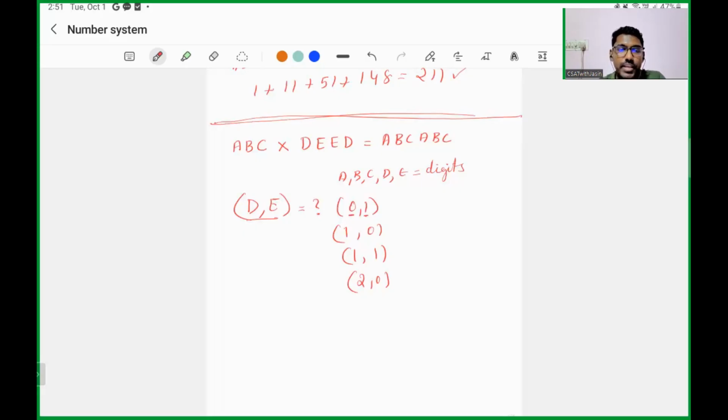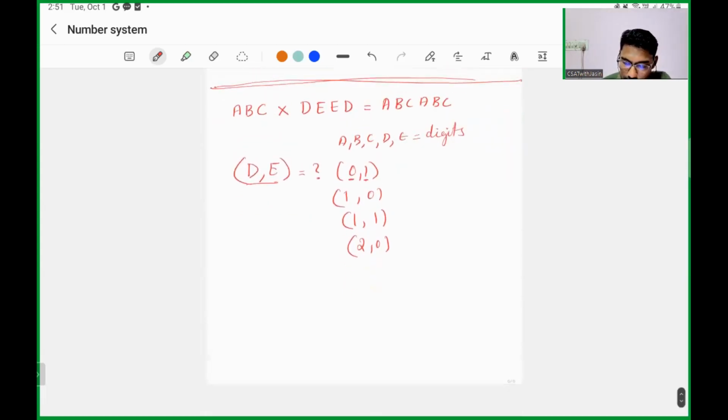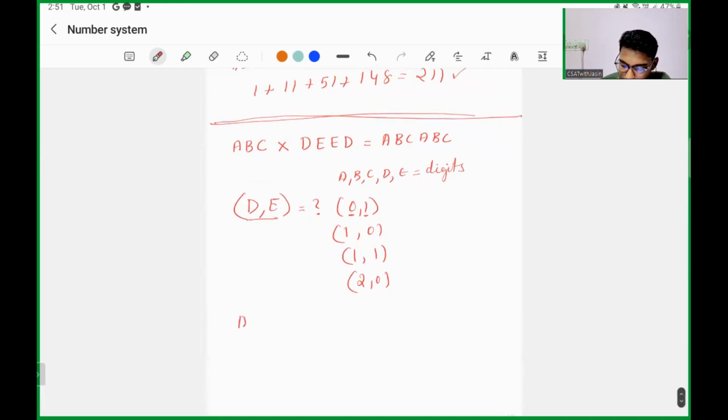When you see multiplication questions, UPSC is asking multiplication questions a lot. This year I think it was not there, but last year there were two or three questions from just multiplication. So here the question is ABC into DEED is ABCABC.